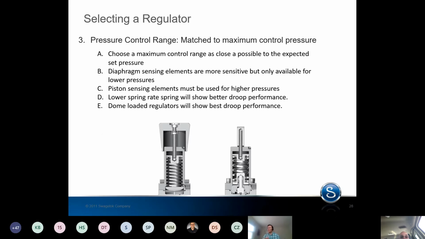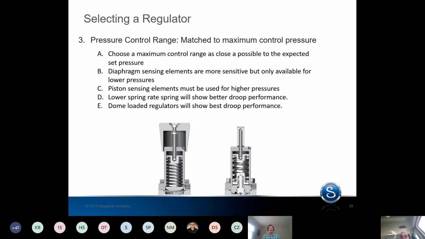But when you are selecting a control range, always feel inclined to choose the one that is closest to your maximum control pressure. And that will help not only to drive the right spring, but it could unlock different sensing mechanism options, right?